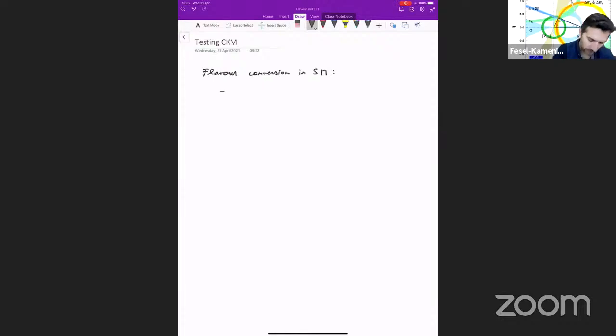As we saw yesterday, all of flavor conversion in the standard model, or flavor violating processes in the standard model, are parameterized by three CKM angles, so three parameters. Flavor conversion in the standard model is mediated by charged current electroweak interactions.